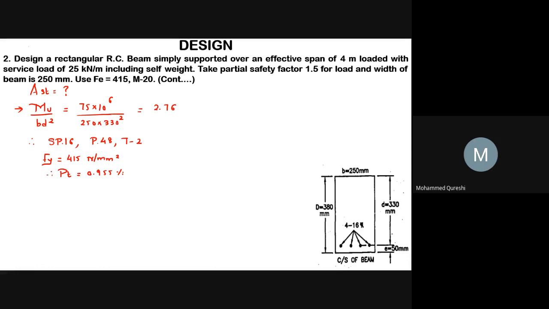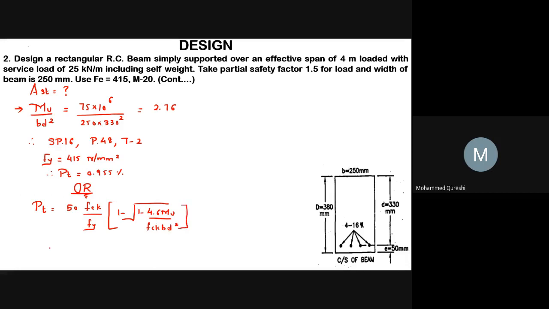0.955%. Or you may calculate the value of PT by using the equation PT equals to 50 FCK by Fy into 1 minus under root of 1 minus 4.6 Mu upon FCK BD square.